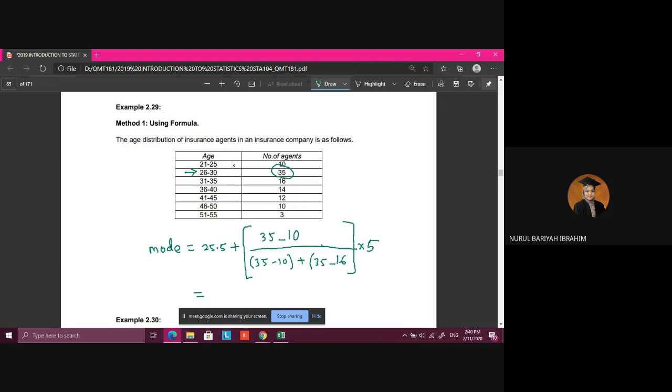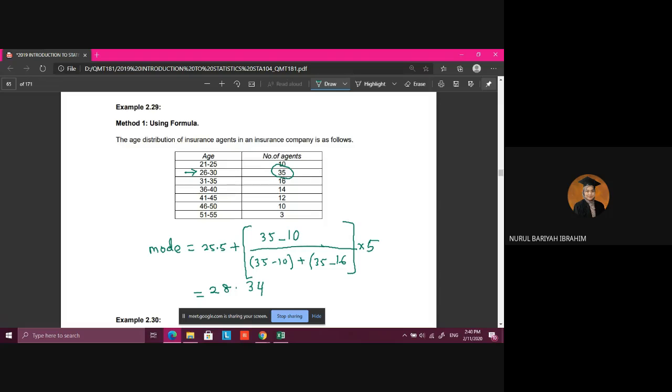Okay, so calculate this. Sama juga, you kena solve in the bracket first, multiplied, and baru add 25.5. So the answer will be 28.34.